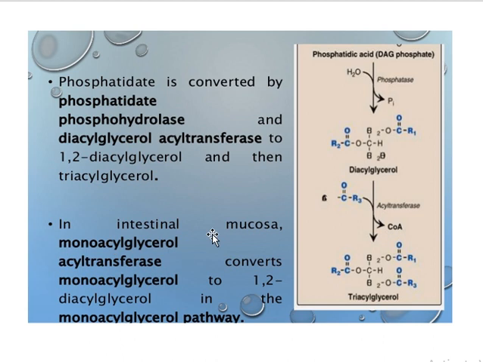In intestinal mucosa, the pathway of synthesis of triacylglycerol is called the monoacylglycerol pathway. This is somewhat different from the pathways present in liver and adipose tissues. As we know, in the intestine, after digestion of food, free fatty acids and monoacylglycerol are absorbed from the intestinal lumen into the intestinal mucosal cells. In these cells, monoacylglycerol takes part in the synthesis of triacylglycerol.